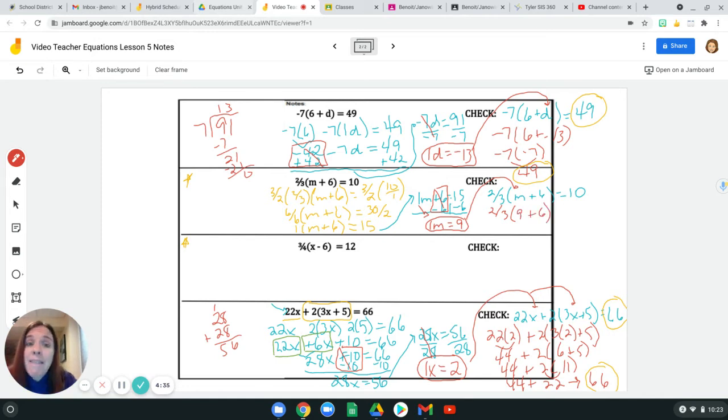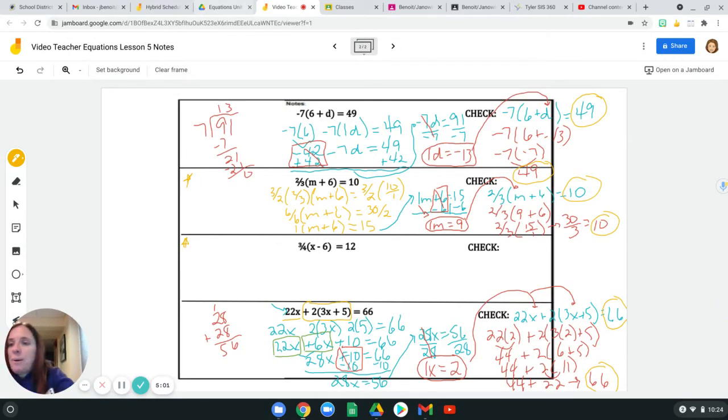Now do the math. Do your PEMDAS. Start with the parentheses. 9 plus 6 is 15. So we have 2/3 times 15/1. All right, 2 times 15 is 30. 3 times 1 is 3. 30/3 simplifies to a whole 10. So the left side is 10, the right side is 10.